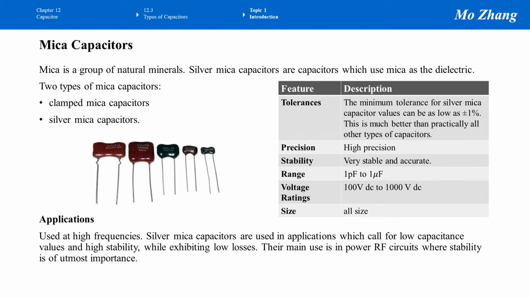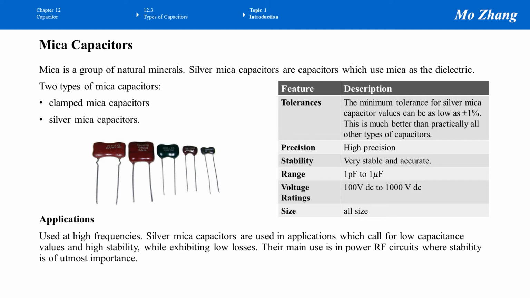There are two types of mica capacitors: clamped mica capacitors and silver mica capacitors. Their main differences are the precision, tolerance, stability, and also voltage ratings.